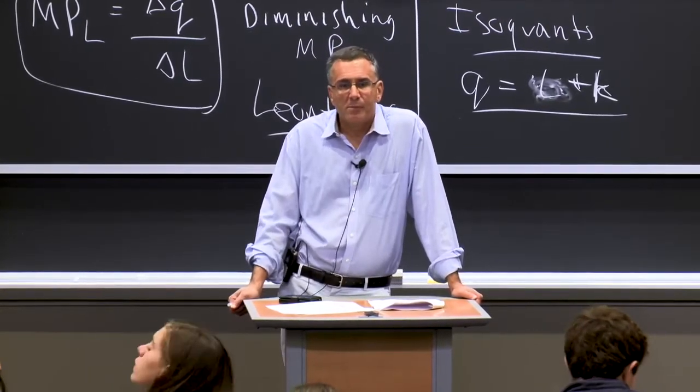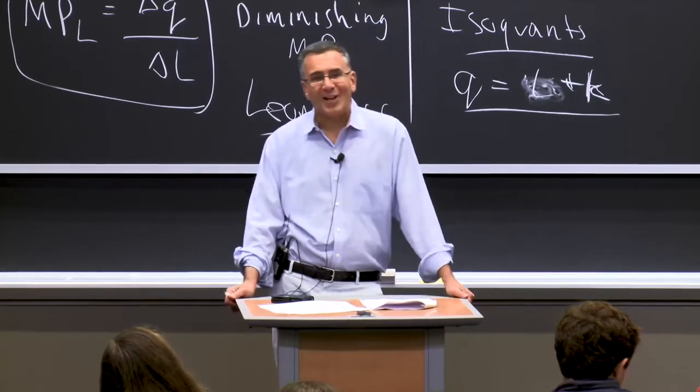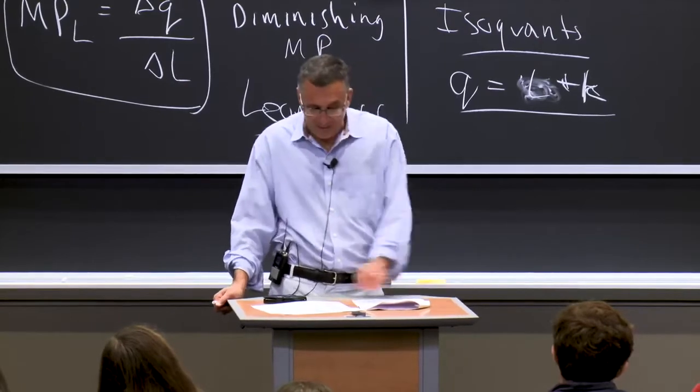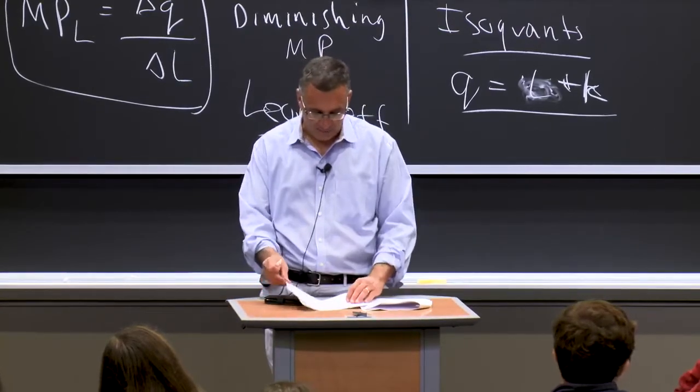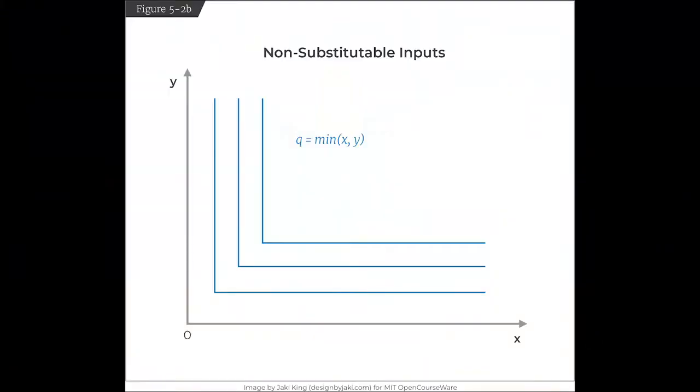Yeah? What's the marginal rate of technical substitution for a Leontief production function? Great question. So let's go back to Leontief. The marginal rate of technical substitution depends on where you are. It's a nonlinear marginal rate of technical substitution, right?